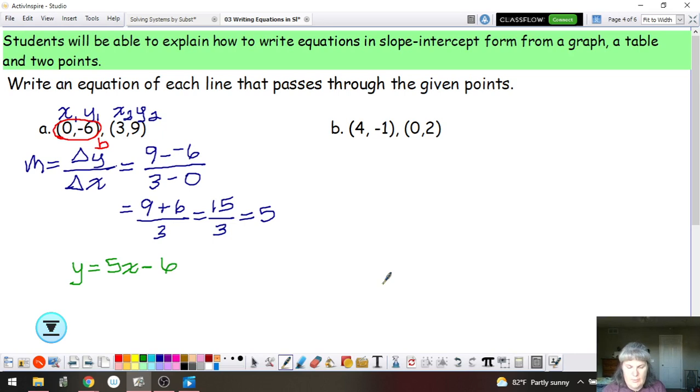And I'm going to do the same thing with the second example. To find my slope, I want the change in y over the change in x. So I'm going to label my points.